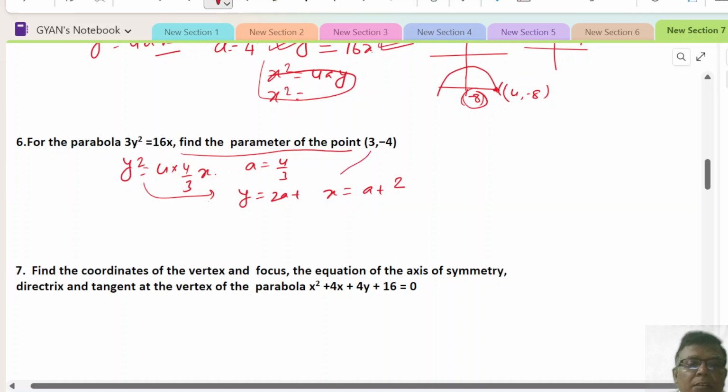So you put here 3, a t square, a is 4 by 3. Then t is equal to plus or minus 3 by 2. Which we should take, plus or minus, that we'll find from here. So put y is equal to minus 4 is equal to 2 into 4 by 3 into t. 4 gets cancelled. So t is equal to minus 3 by 2.